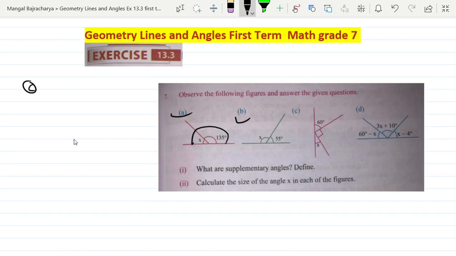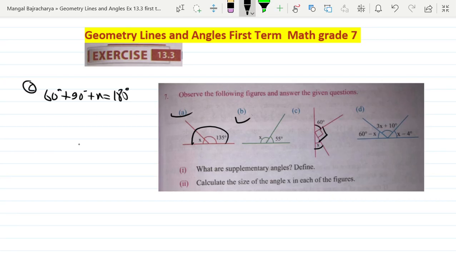Here you see three angles, 60 degrees, then 90 degrees, and x. The whole straight angle has been split into three angles, so their sum is 180 degrees, which we have to use here. So 60 degrees plus 90 degrees plus x equals 180 degrees, and the reason you may provide is: sum of angles on a straight line is 180 degrees.